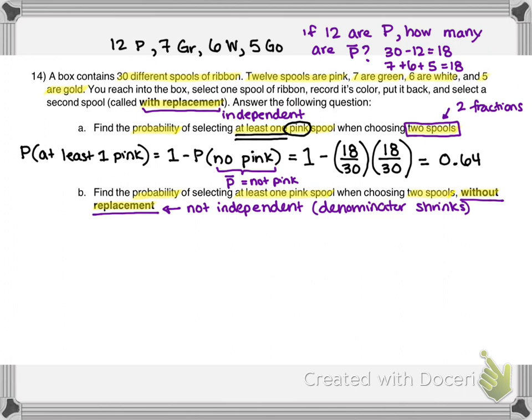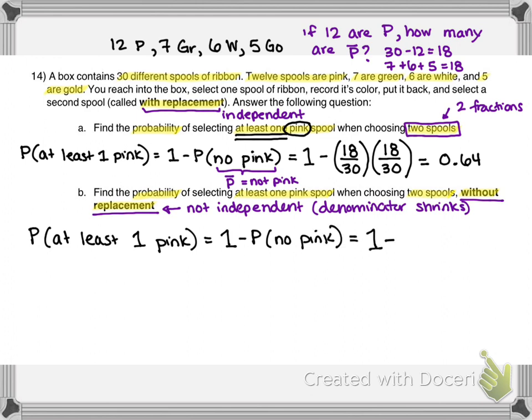So let's read this together. This says the probability of at least 1. So we're going to set it up the exact same way. At least 1 pink is equal to 1 minus the probability we have no pink. So again, 1 minus, and we're going to have 2 fractions.